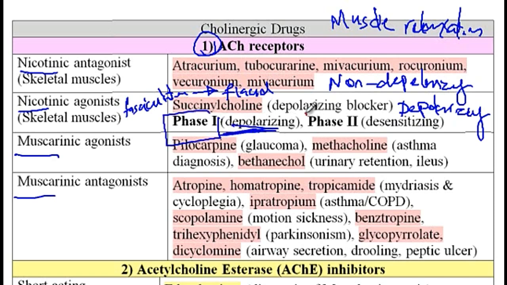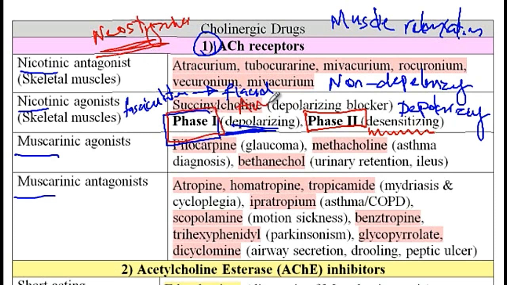And then following that, there is phase 2, where the end plate is repolarizing, and thus this is referred to as the desensitizing phase. So if you're providing these patients with neostigmine, what happens is that neostigmine increases the concentration of acetylcholine in the synaptic cleft. So it will augment phase 1 while it will reverse phase 2, or the desensitizing phase.